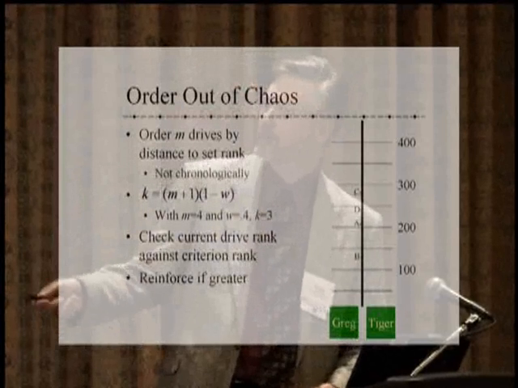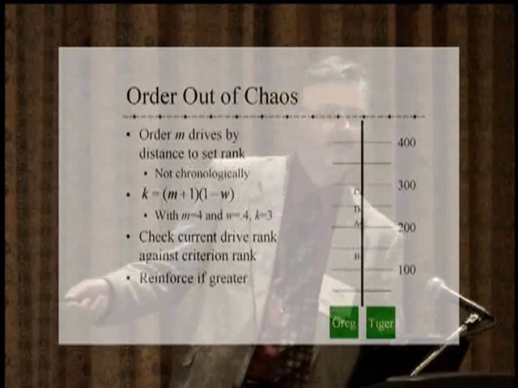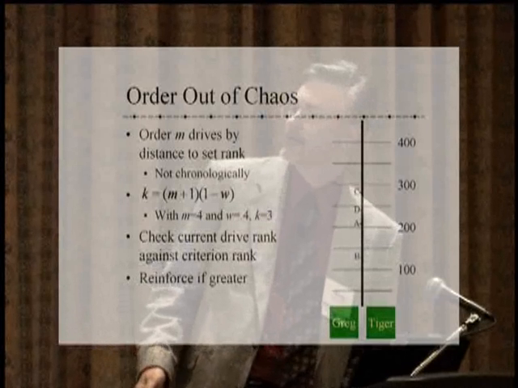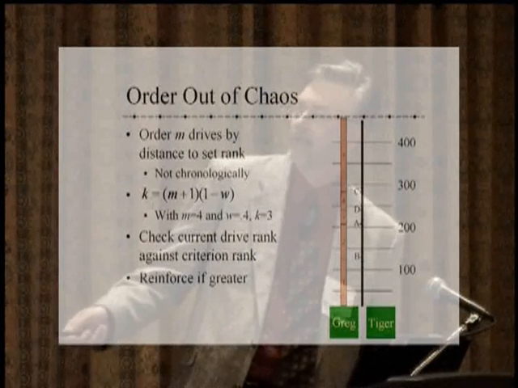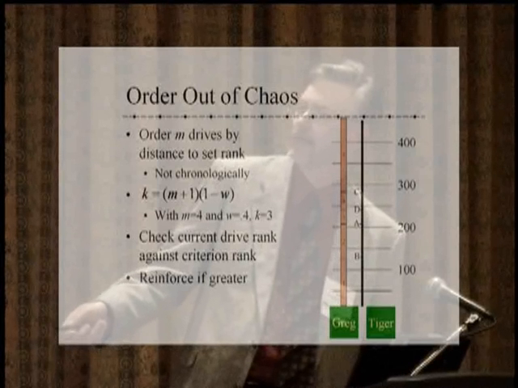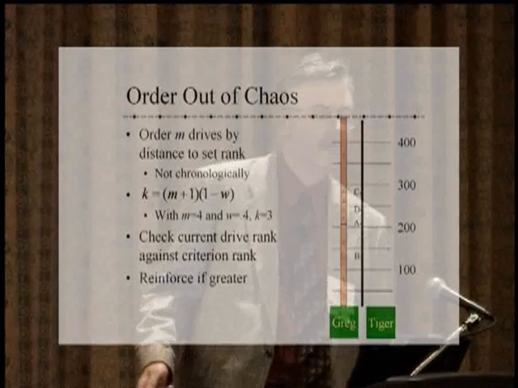Okay? The chronological order is not important in establishing the rank orders. It's the distance, because that's the dimension that we were trying to shape. So we have a rank order 1 from the tee to drive B, rank order 2 is between drive B and drive A, 3 is here, 4 is here, etc.